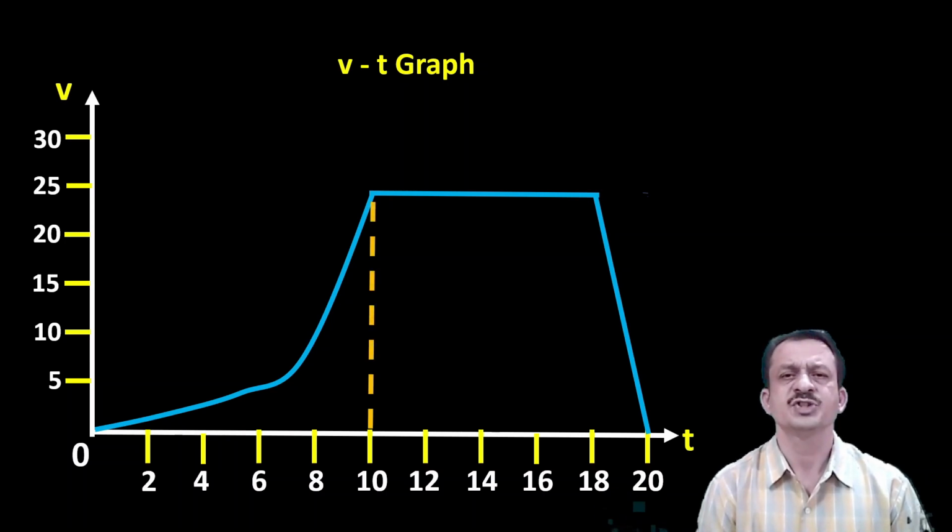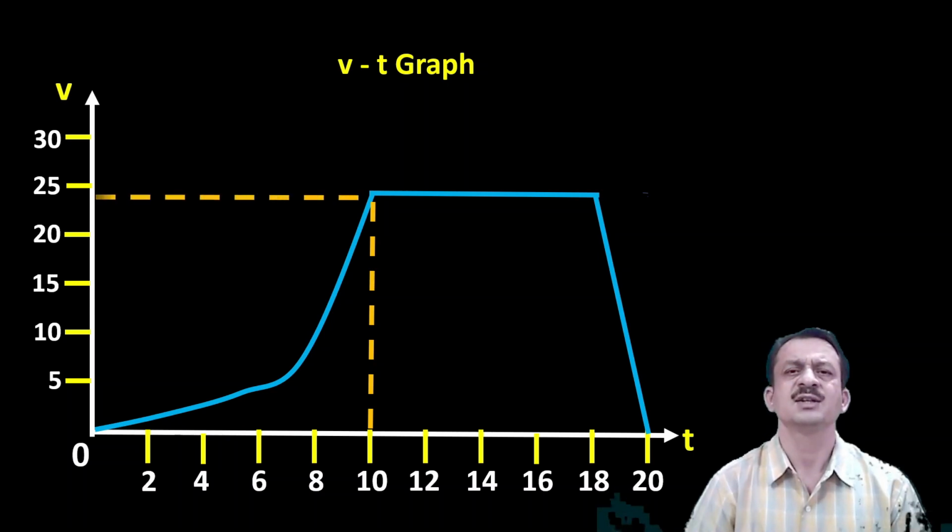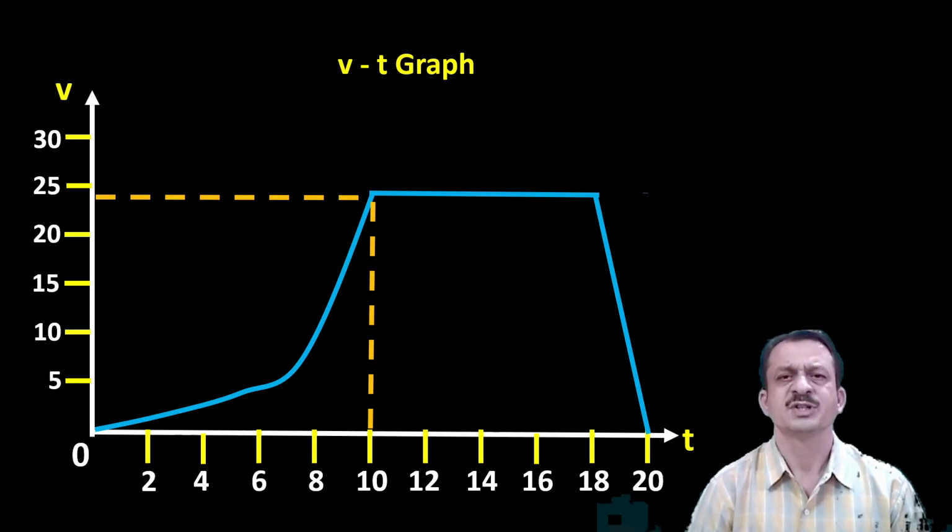It is going to touch the curve, and at that point we draw a horizontal dotted line. That horizontal dotted line represents the velocity at the 10th second. It is found to be around 24 meter per second.